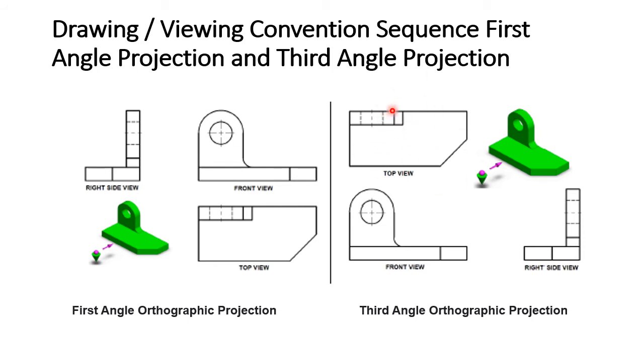So now you are familiar with orthographic projection. The application depends on the convention, where the drawing is done. Europe and its colony are familiar with first angle projection, while the US and its colony like the Philippines, and Australia, use third angle projection.